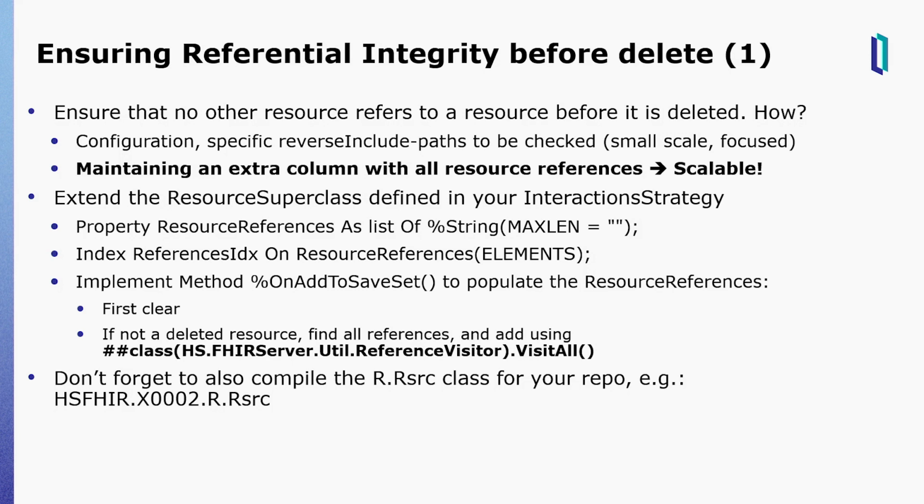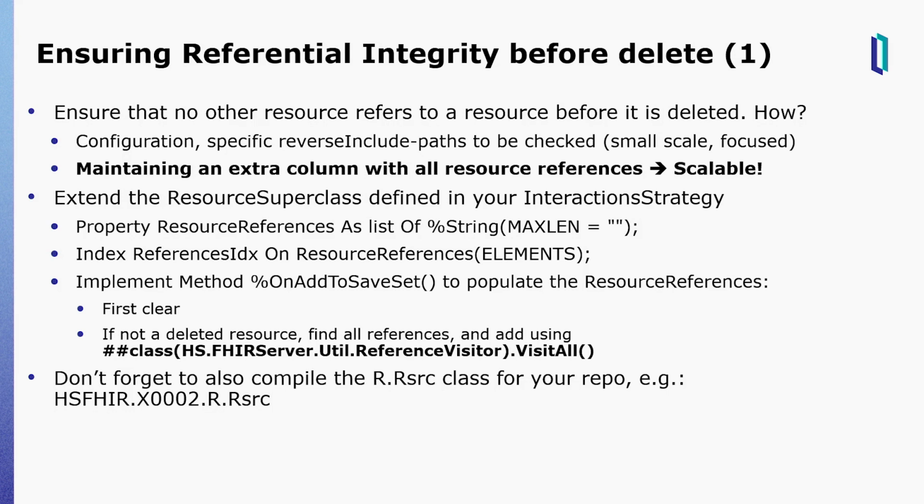That additional column is defined as a list of strings with an index, and then in the on add to save set on the subclass resource table, we're going to again visit all references, which now really helps because in this case we always have a relative reference, and those we're going to store inside the table.